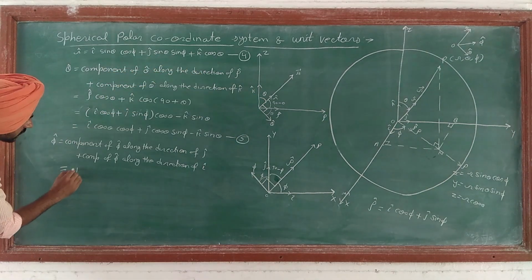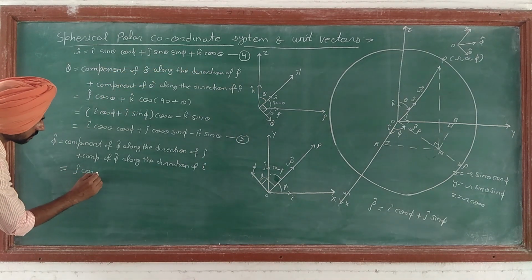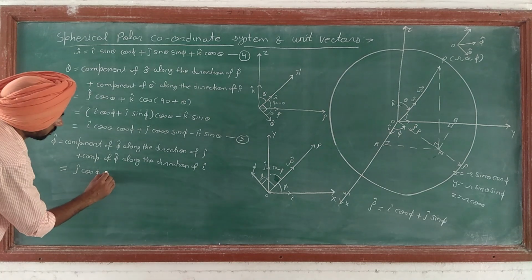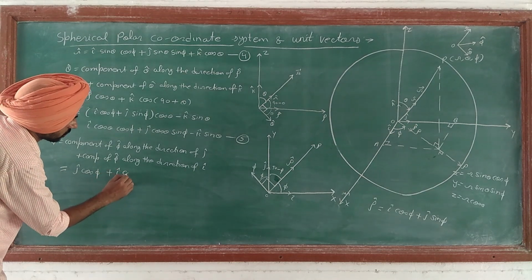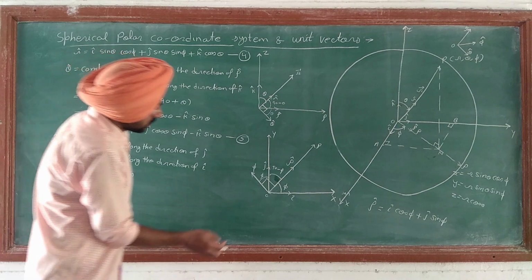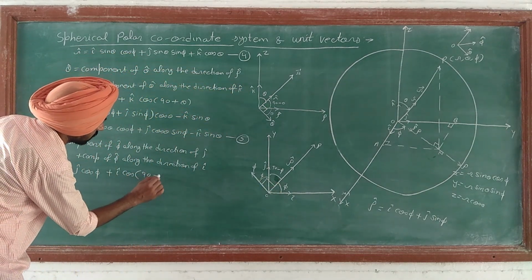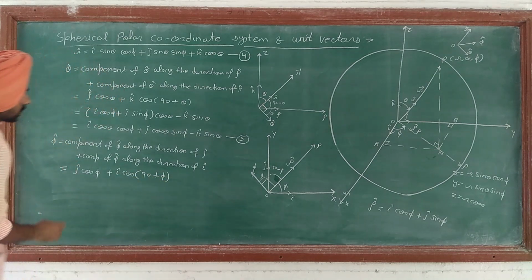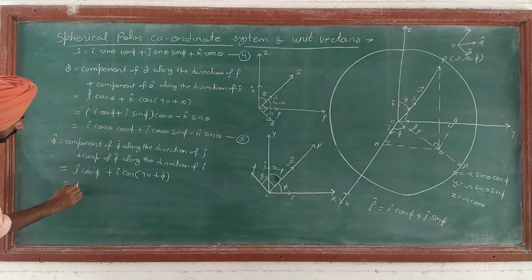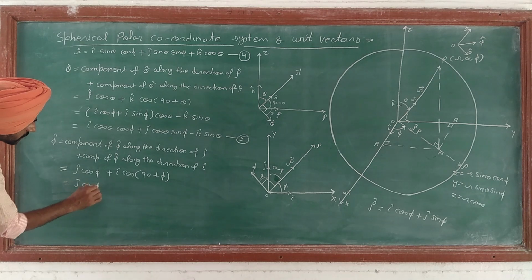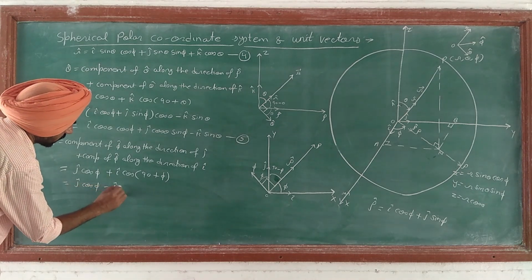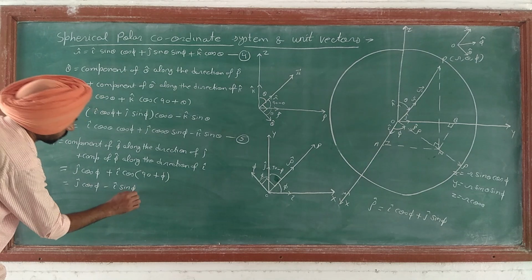So j cap cos phi plus i cap cos of 90 plus phi. This is j cap cos phi minus i cap sin phi.